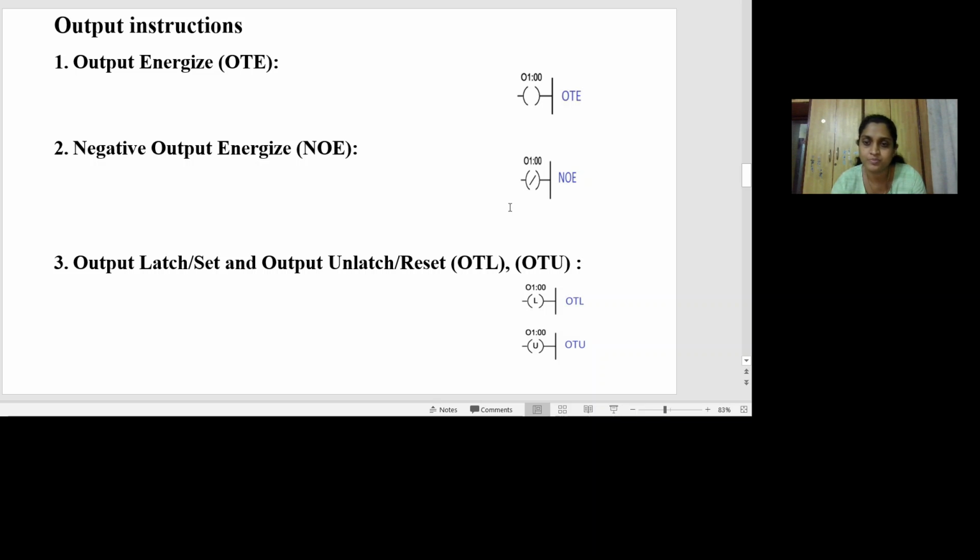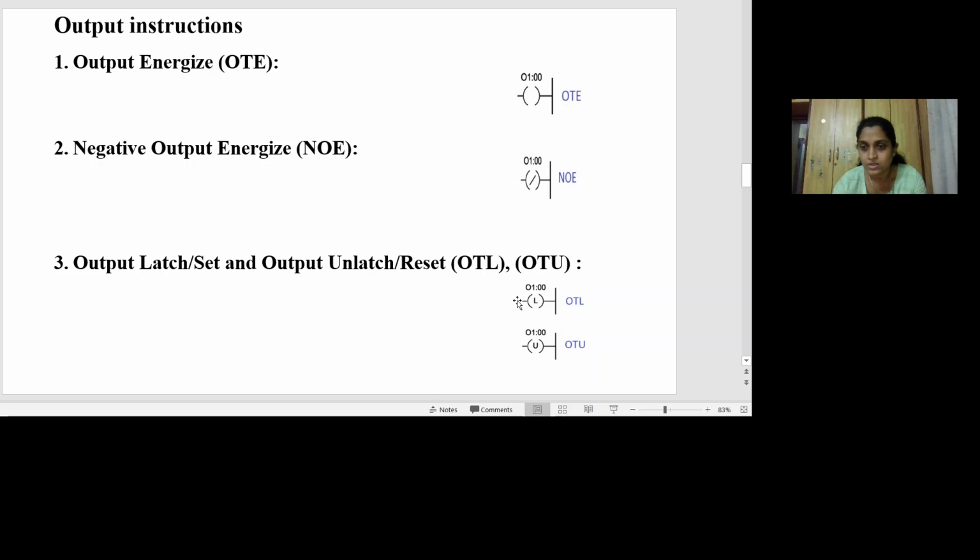For negative output energize, the output becomes on only when the condition of the left link becomes off. The third type of output instruction is called output latch, output unlatch instruction. Here you can see OTL and OTU. If the condition of the left link of the OTL is momentarily on, then the output remains set.